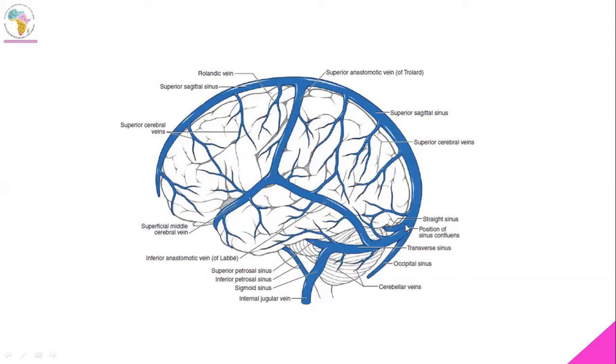We call it the torcular herophili. This torcular herophili also receives a dural sinus that comes from inside. We call it the straight sinus, and we will see it in the next slides.